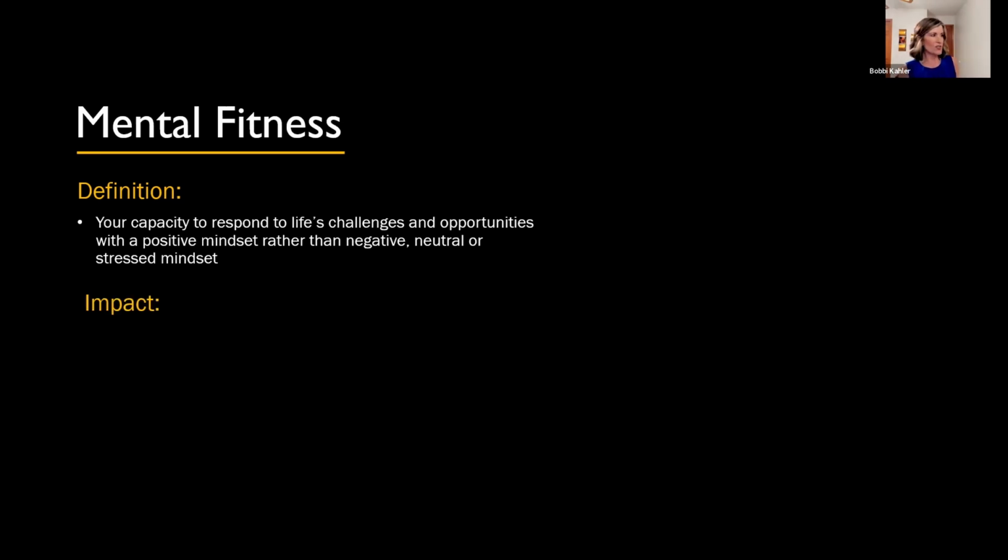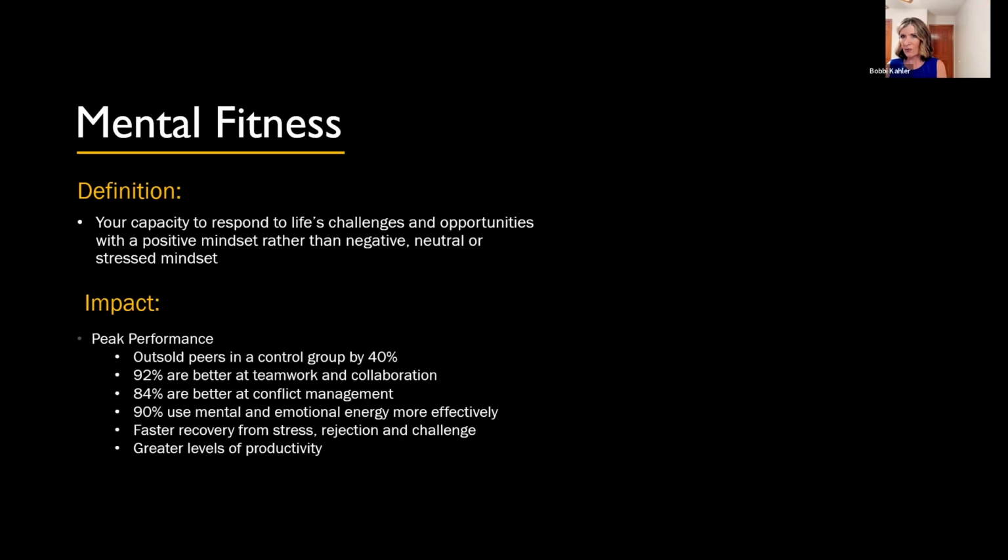Some of the impact that researchers have discovered is when we score high in PQ, and there's a scale between 1 and 100, and later I'll share a link where you can take an assessment to figure out what your score is, anything over 75 is really the tipping point. So when we score high in PQ, we're setting ourselves up for peak performance.